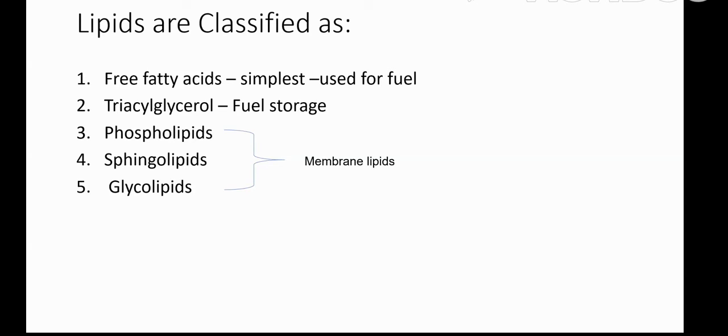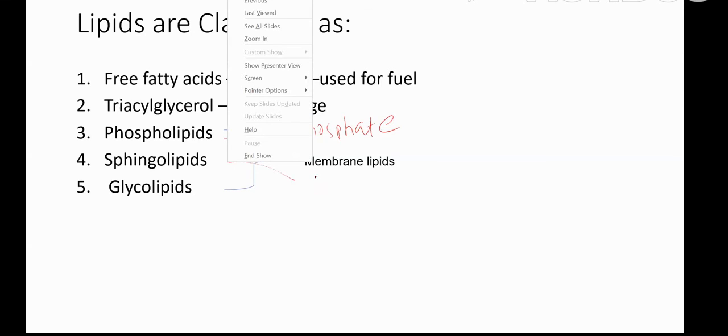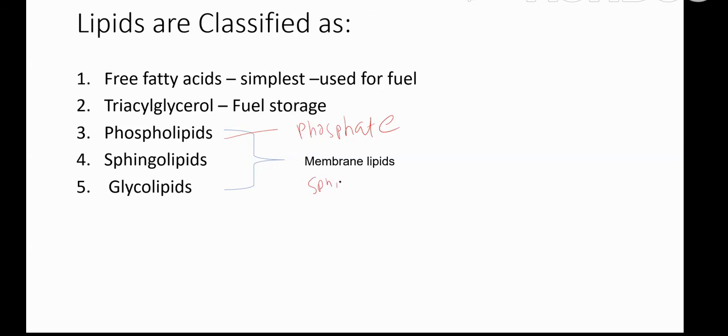For example, phospholipids have a phosphate group attached to them, whereas a sphingolipid has sphingosine as a backbone. And glyco means glucose, so a sugar moiety is attached to it.